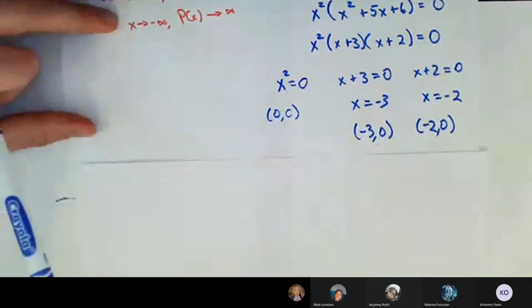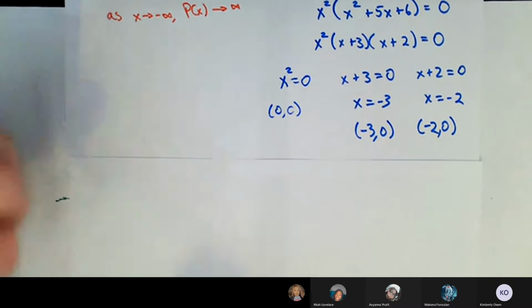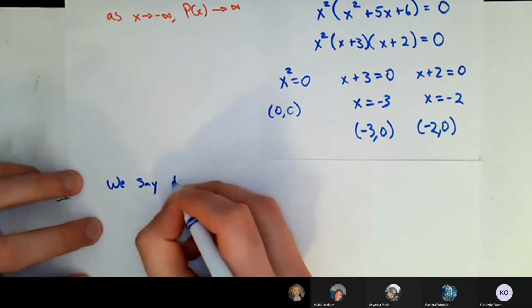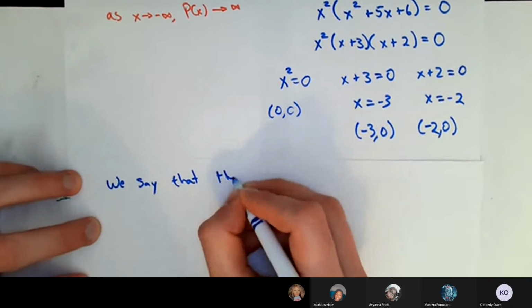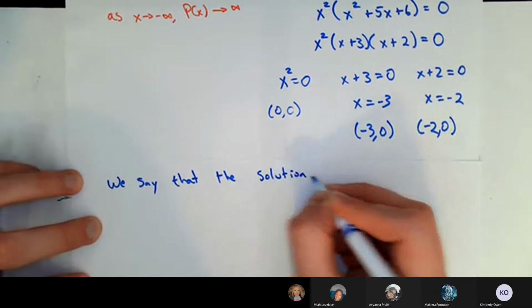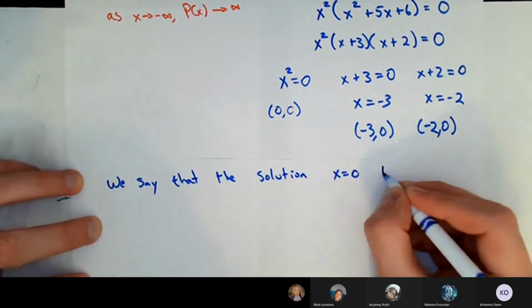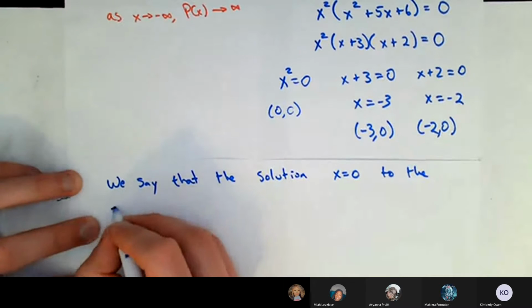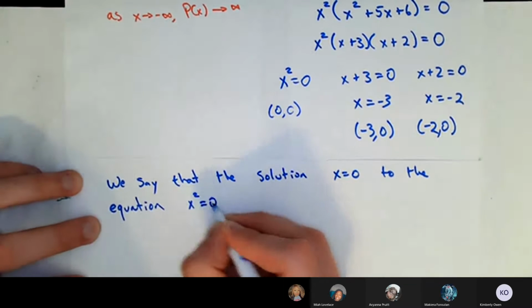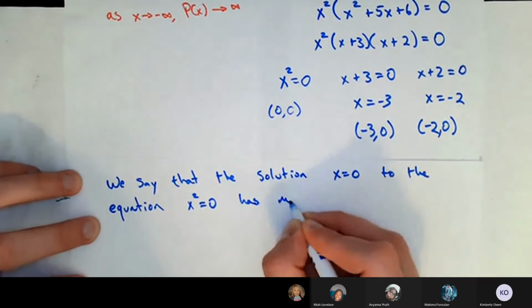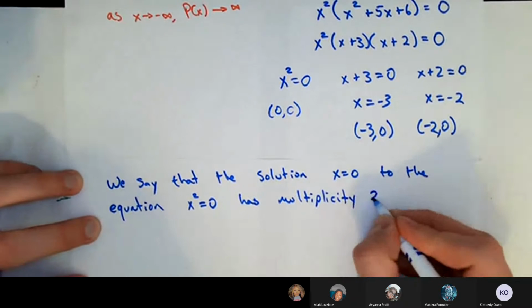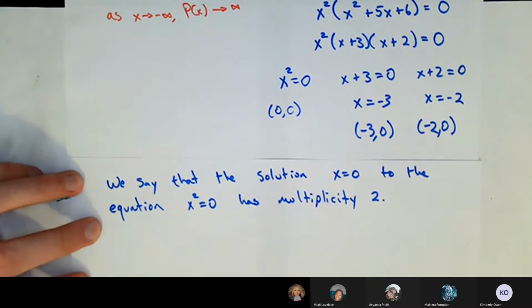So let me come down here and say x equals 0 has multiplicity 2.